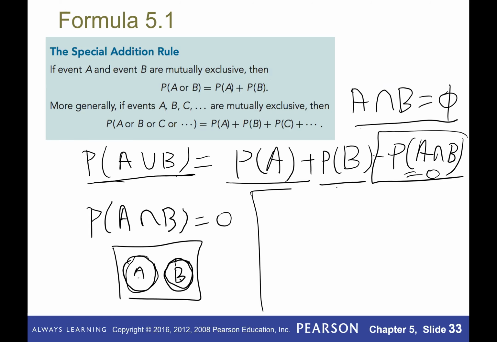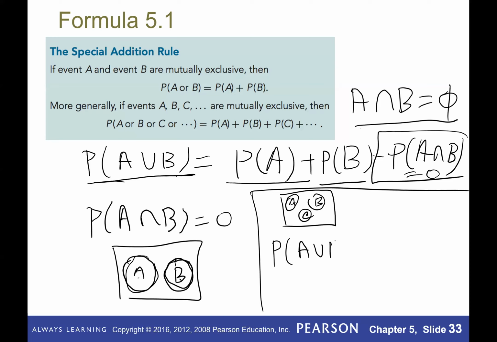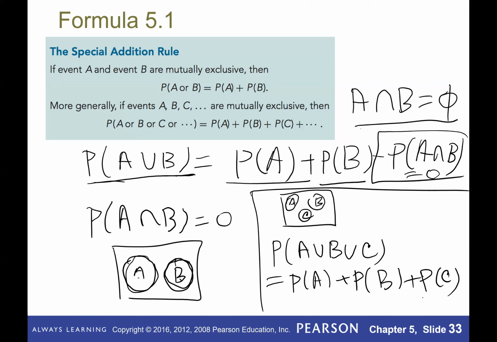Similarly for three events, if three events are mutually exclusive, that means if we have A, B, C like this, then this is A, this is B, this is C. So we have three mutually exclusive events. In that case, the addition rule will be the probability of A plus the probability of B plus the probability of C. Even if we have more than three events, we'll apply the same rule.